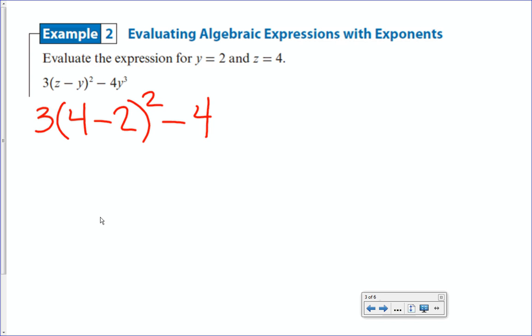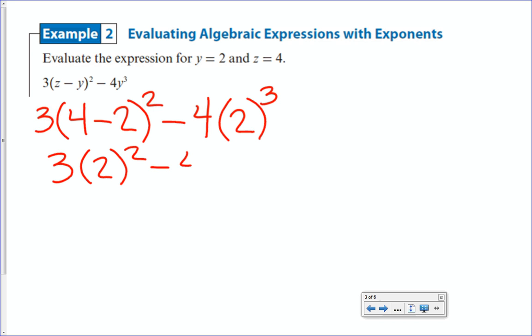Minus 4 times another 2 cubed. So now I'll just use order of operations, which tells me I've got to do 4 minus 2 first, which is 2. So 3 times 2 squared minus 4 times 2 cubed.